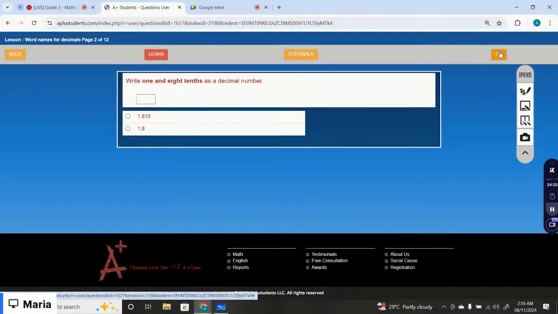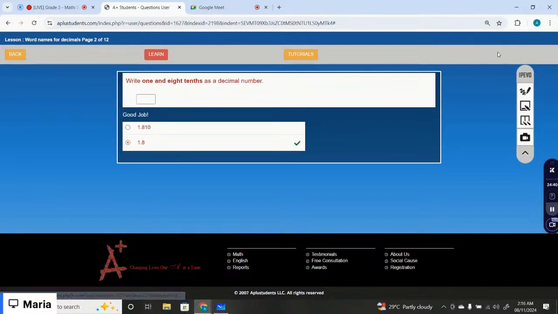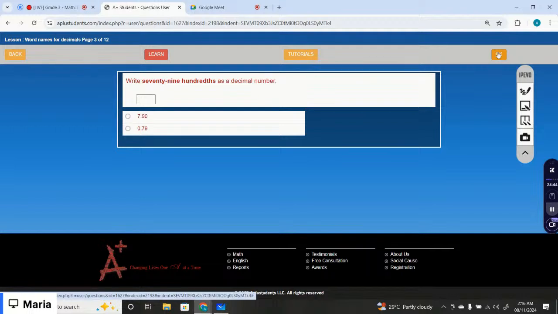That is 1.8, right? Option number 2 is the correct option. 8 tenths, that means 8 is at the tenths position, right? So tenths is the position right next to the decimal point, so that is 1.8. Got it?